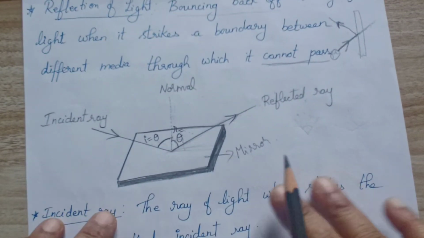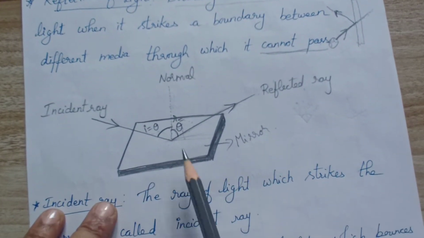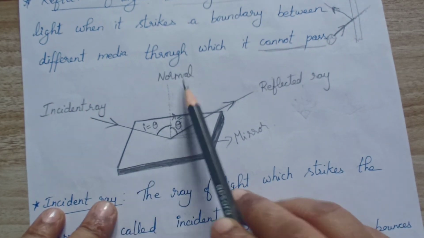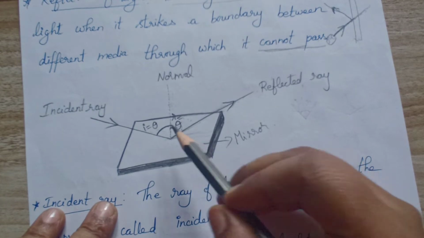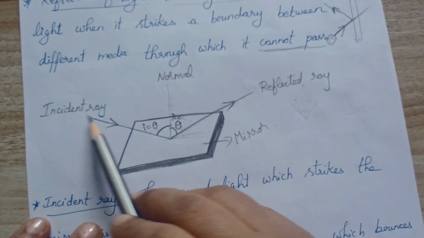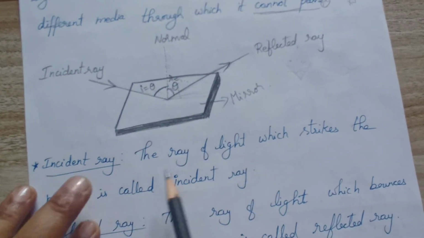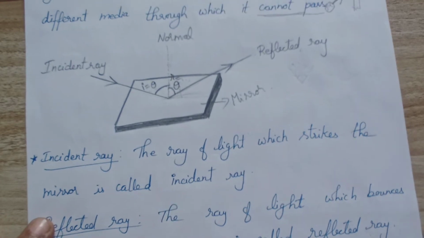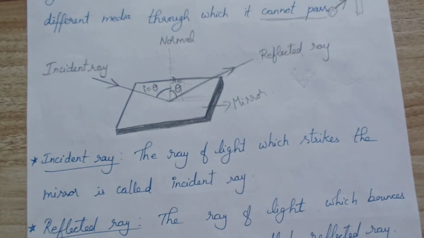Okay, so we'll see some terminologies related to the reflection of light: incident ray, normal, reflected ray, angle of incidence, angle of reflection. What is meant by incident ray? The ray which strikes the mirror. Usually we will see images in a highly polished thing, that is your mirror.